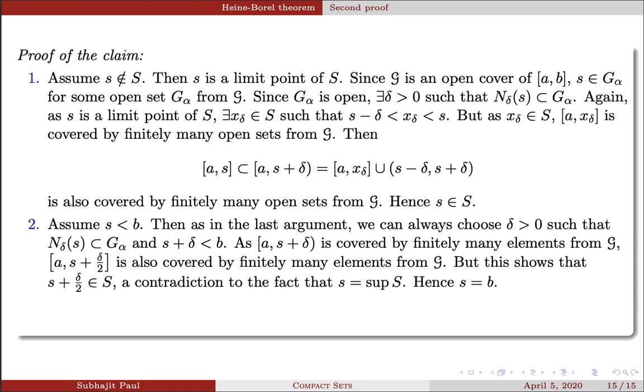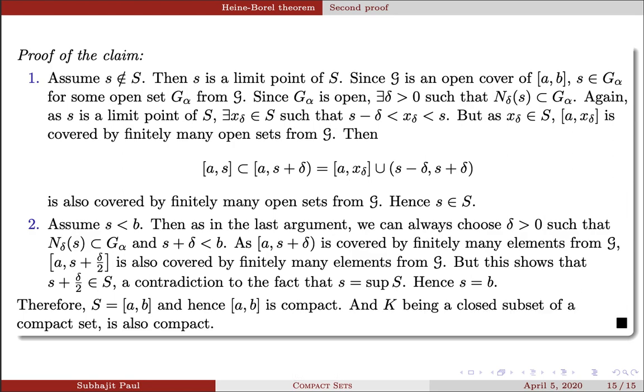So hence, S must be equal to B. Our assumption S less than B led us to this contradiction. Therefore, S must be equal to B, right? So therefore, the entire closed interval AB is equal to S, and hence the entire closed interval AB admits a finite subcover from the script G. Hence, that is compact.